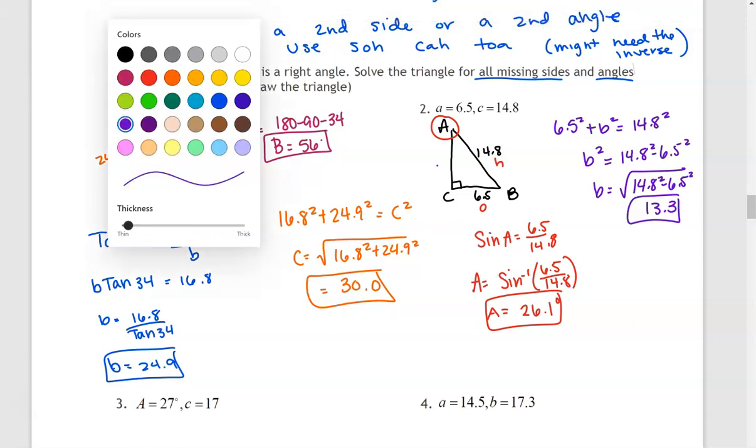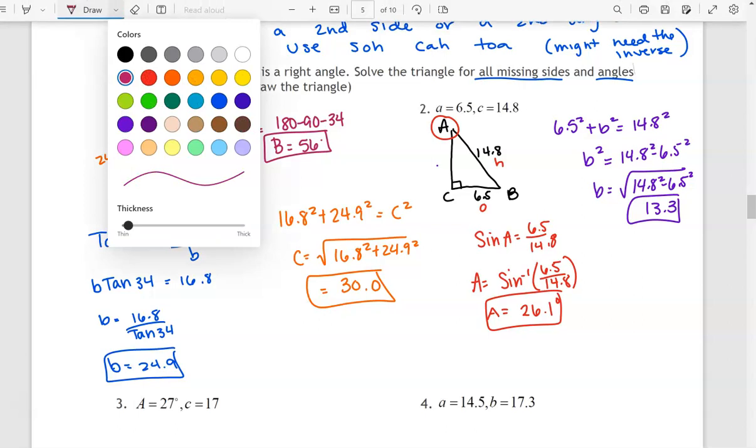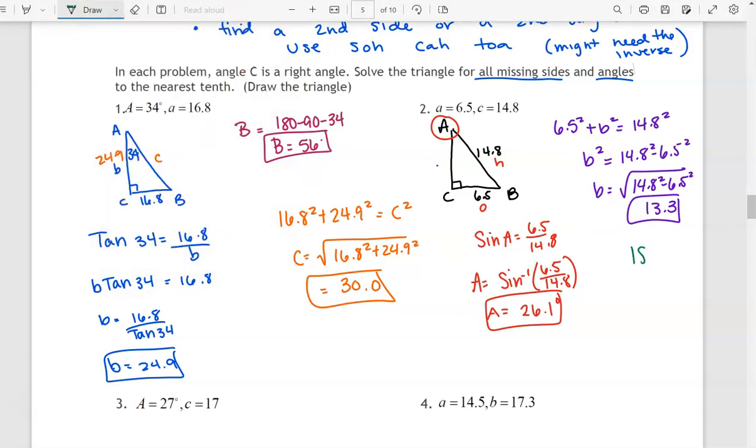And lastly is our angles. We want to figure out what the angles are, and that's 180 degrees minus 90 and minus the 26.1 to get capital B. So angle B is 63.9 degrees.